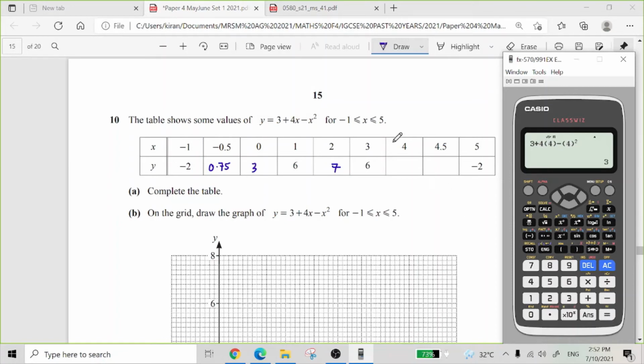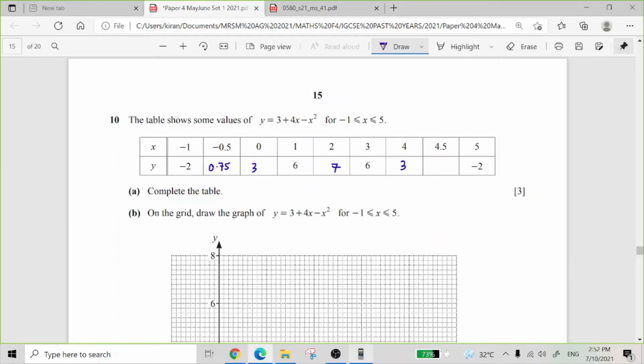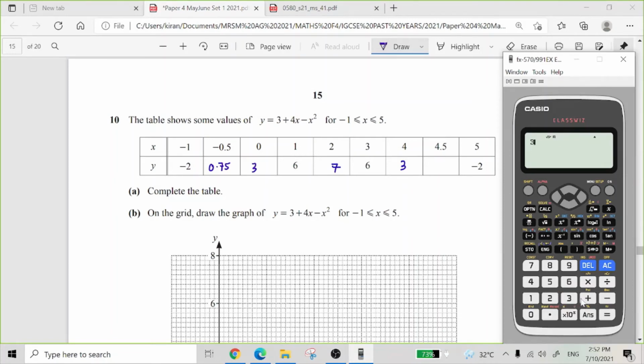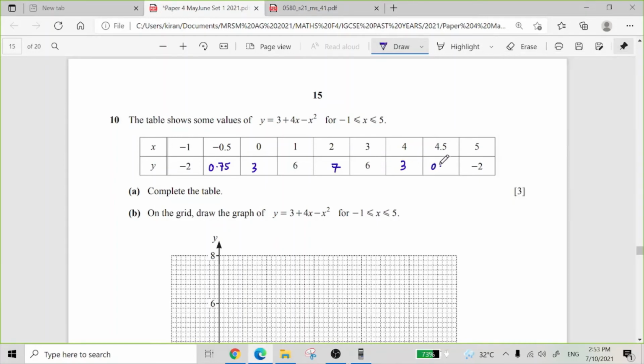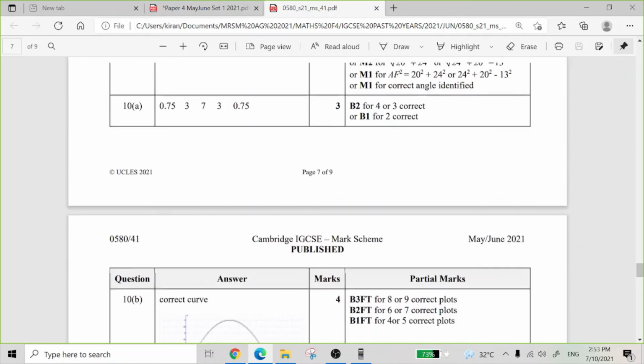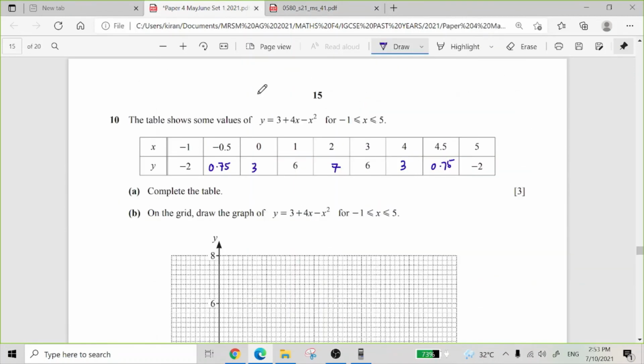Then 4.5: 3 plus 4.5, minus 4.5 squared. We still get 0.75. So we recheck this first.